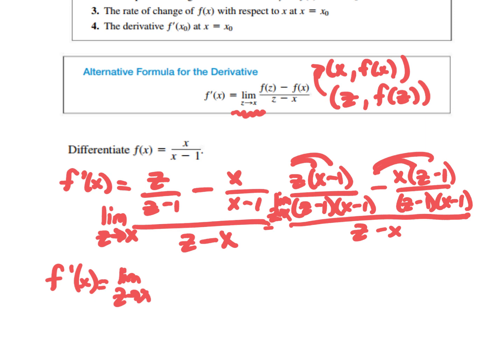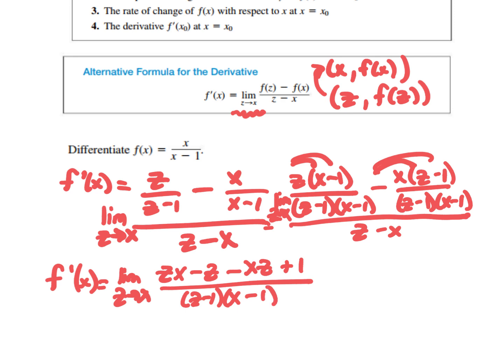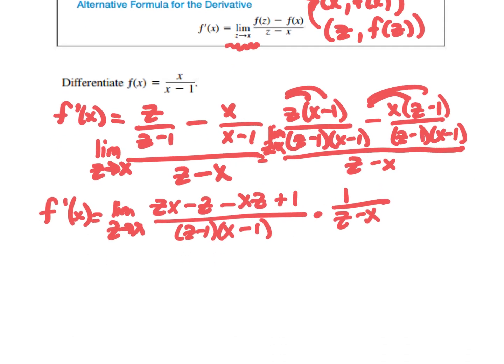So let's go ahead and do our distributing. We end up with zx minus z minus zx plus 1. And we have a denominator, which I'm not going to multiply out. I also know I'm dividing by z minus x, which is the same thing as multiplying by 1 over z minus x. We can see that the xz's cancel in the numerator.